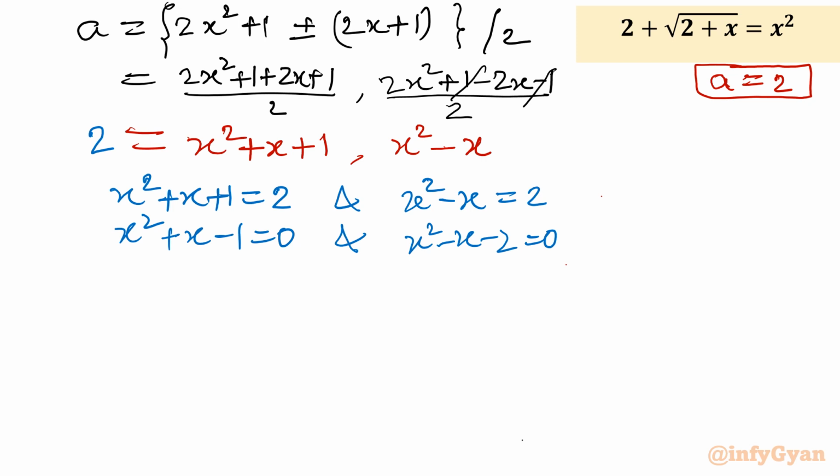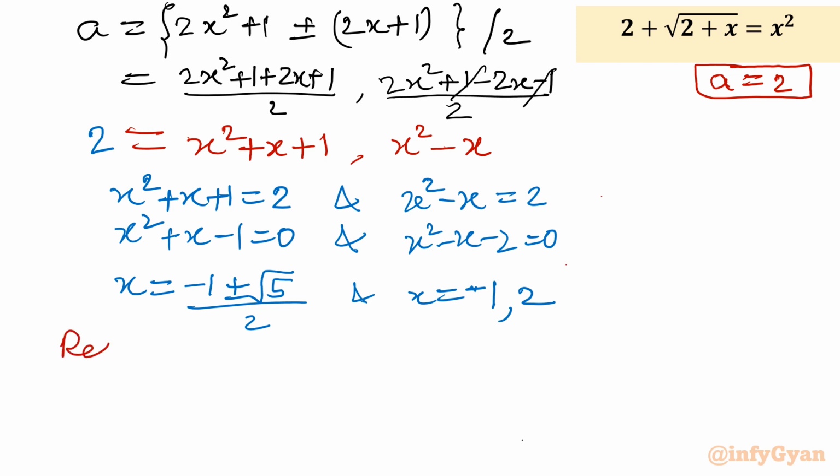If you factorize using the quadratic formula or splitting of the middle term, I can write directly from the first equation: x is equal to minus 1 plus minus square root 5 over 2. And from the second equation we will have x is equal to negative 1 and 2. So 2 out of 4 solutions are accepted, 2 are rejected.